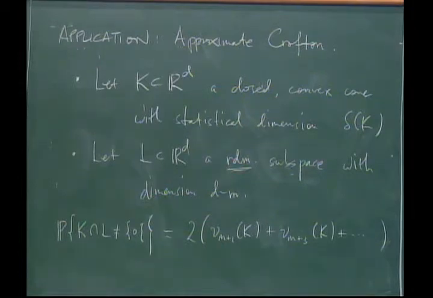So what can you say about this sum? Well, we know that the intrinsic volumes are very, very small when j is away from the statistical dimension.